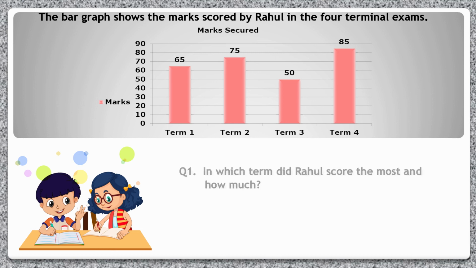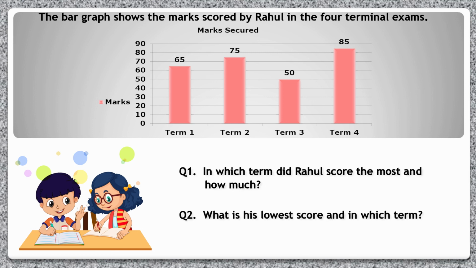First question, in which term did Rahul score the most and how much? And the second question, what is his lowest score and in which term? But please make sure you have copied it carefully and correctly.